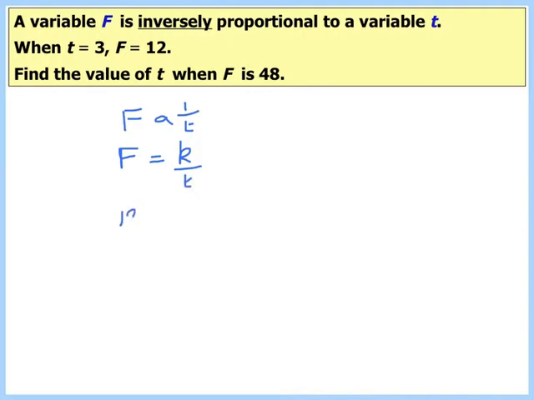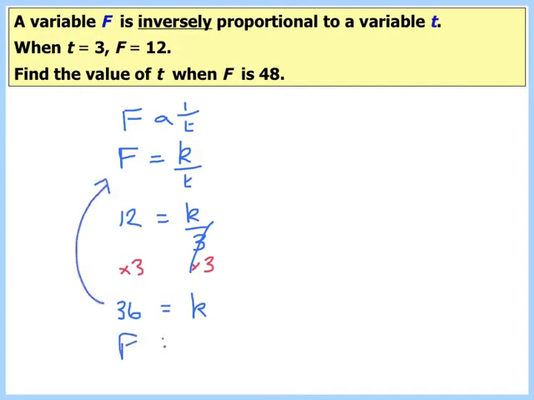F is 12 and t is 3. So multiply both sides out by 3, and that gets us 36 and gets rid of that. So k is 36. Stick that back in there again, so I get f equals 36 over t. So that's the relationship between f and t.